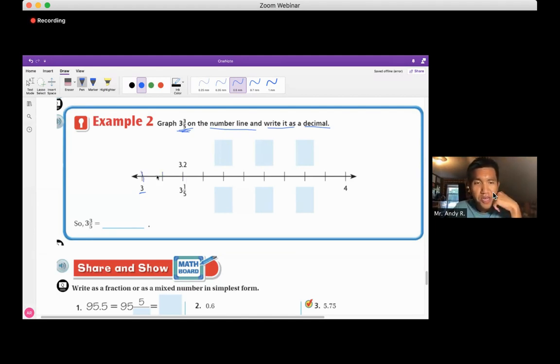This line is 3, and then the next line is 3 1/5, or 3.2. Just to make it easier, label it like this. D stands for decimals, so this side is going to be all decimals, and F stands for fractions, so all of these are going to be fractions.